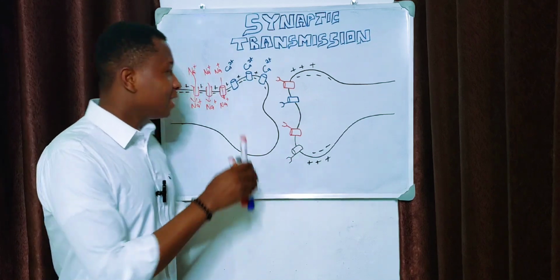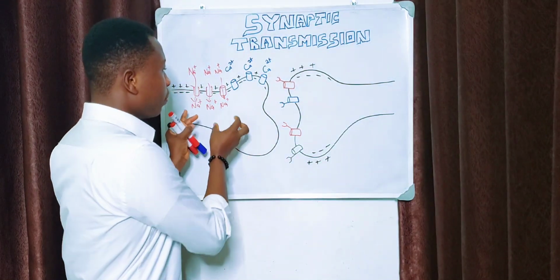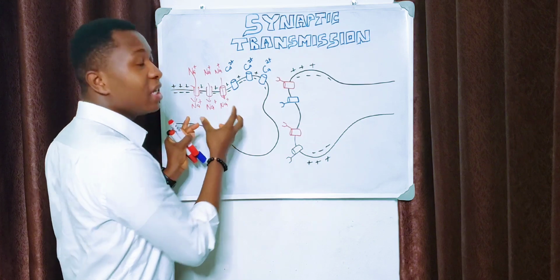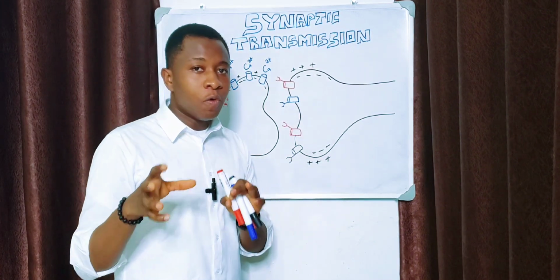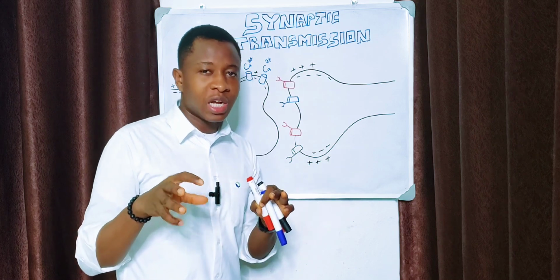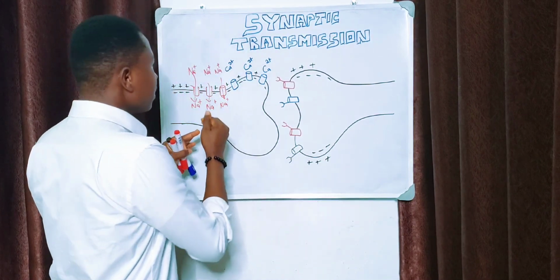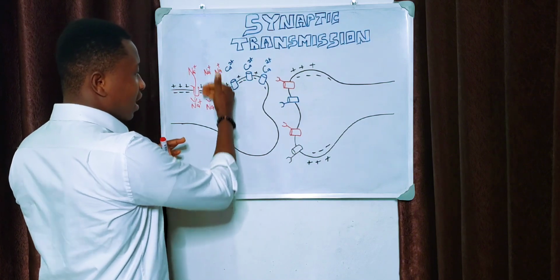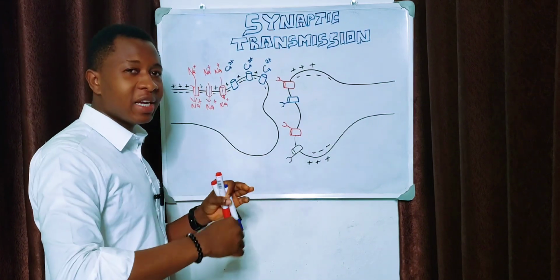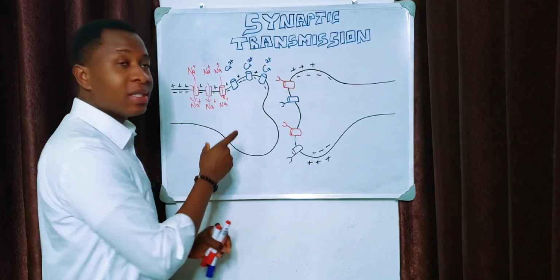And this is only possible when the charge in the neuron gets to 55 millivolts. We know that the resting potential of a neuron is 70 millivolts. So when the neuron is stimulated and ions start getting in, it increases the positivity of the cell.